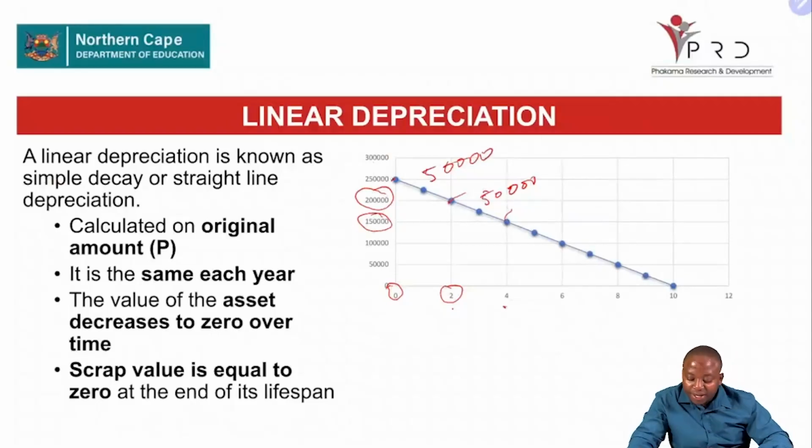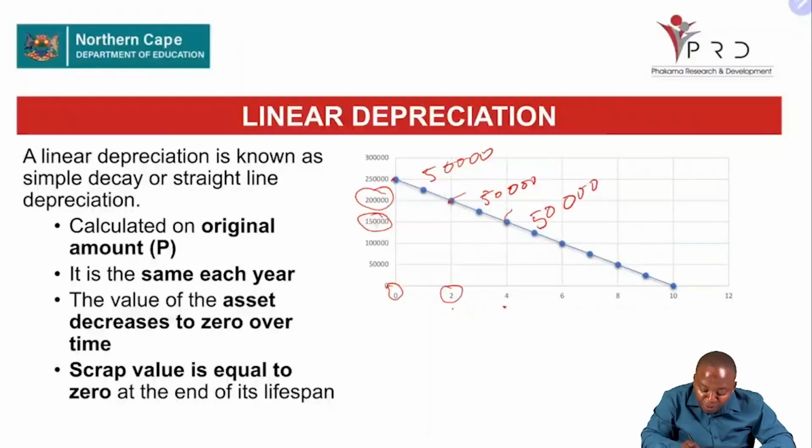If we check from 4 to 6 years, in those 2 years again it will depreciate by another 50,000, as we are moving from 150,000 to 100,000. Then over time, it will get to zero. At year 10, you can see our graph gets to zero.